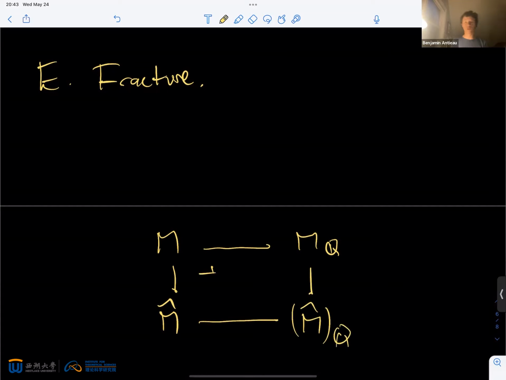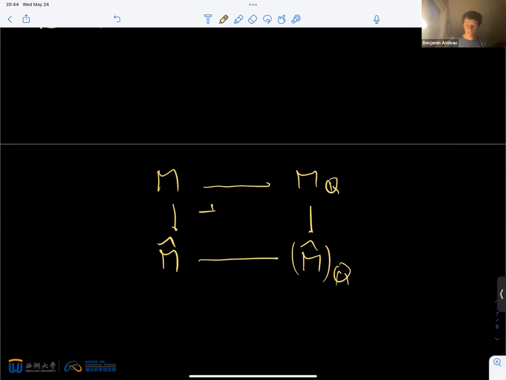And this is a pullback square. Maybe to make this completely rigorous, you want to do this all in the derived category of abelian groups. But in particular, this is a product over all primes p of the p-completions, the p-adic completions, where I put the p-adic topology on M.